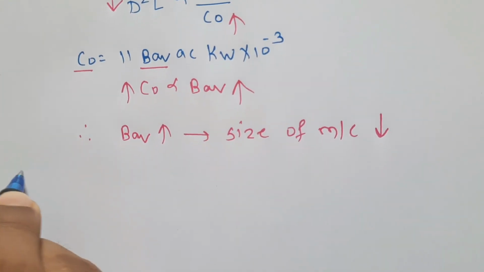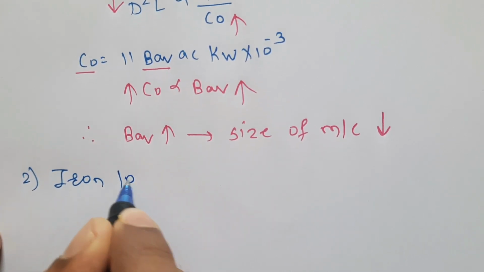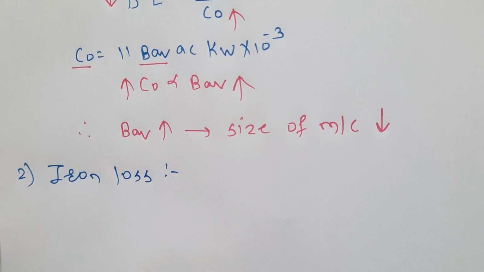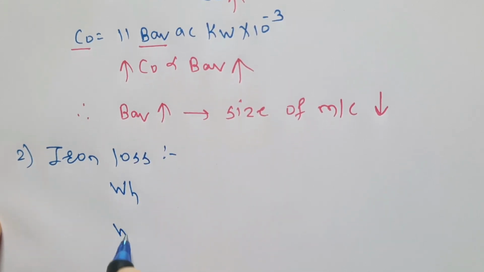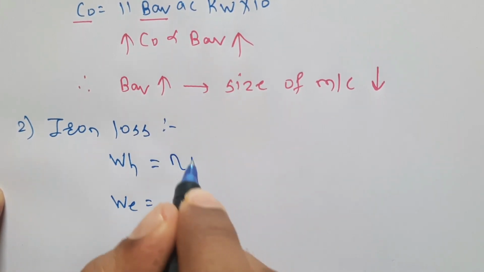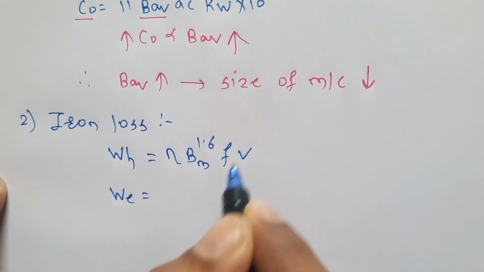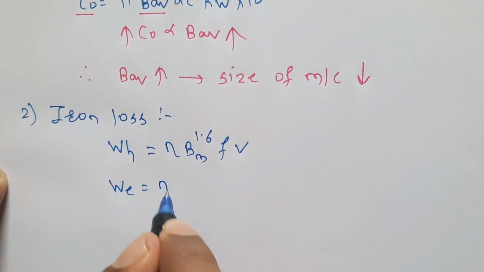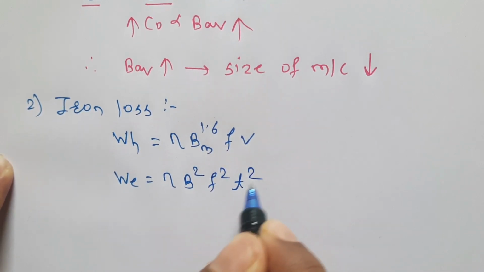Now, the second factor is iron loss, which is also known as core loss. Iron loss is divided into two parts, that is hysteresis loss and eddy current loss. We know the relation of hysteresis loss is eta Bm to the power 1.6 F V, and for eddy current loss it is eta B square F square T square.